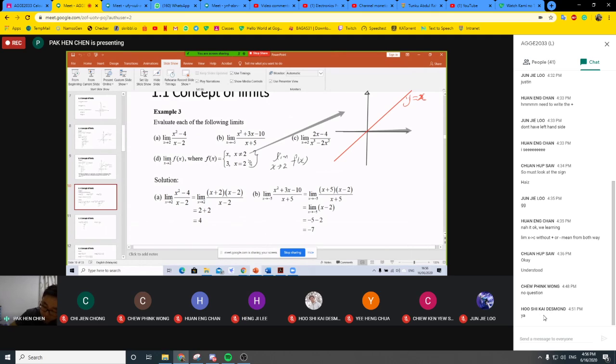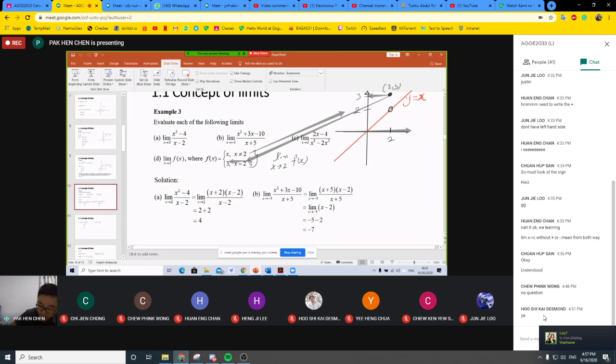But for a particular point, when x equals 2, here you have a hole, because when x equals 2, it does not equal 2 but equals 3. You have a point here that will be 3. You see or not? This point refers to the domain where x equals 2, and y equals 3.